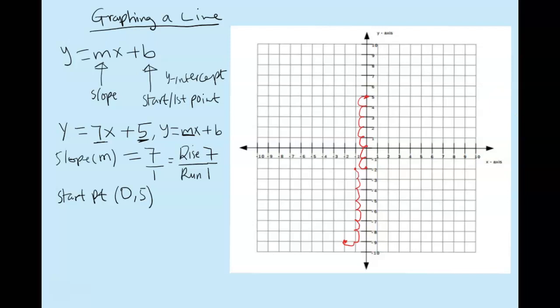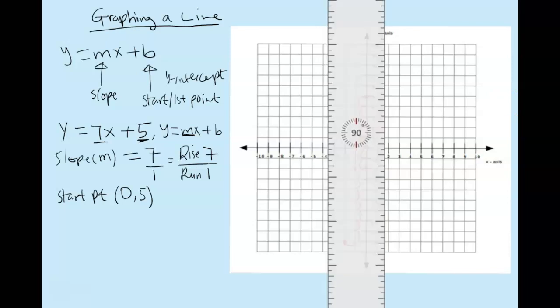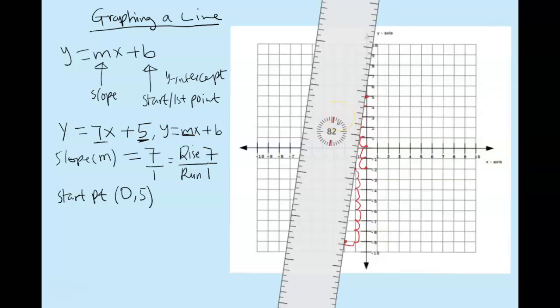So I can pick our ruler here. So now it's going through that, and then draw the line going through that.